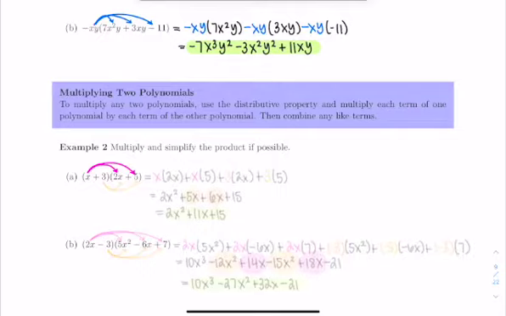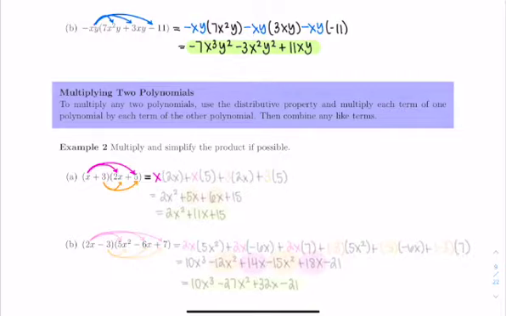And then we have to move to the next term. 3 is going to get multiplied by 2x, and 3 is going to get multiplied by 5. So we just distributed twice. And we want to make sure that we combine like terms when we're done.